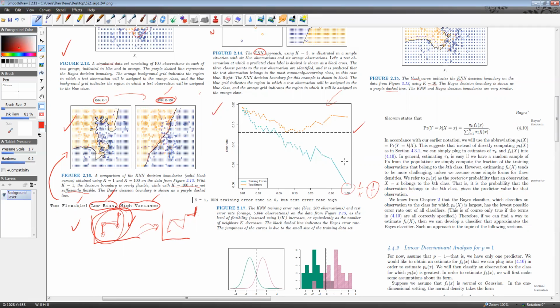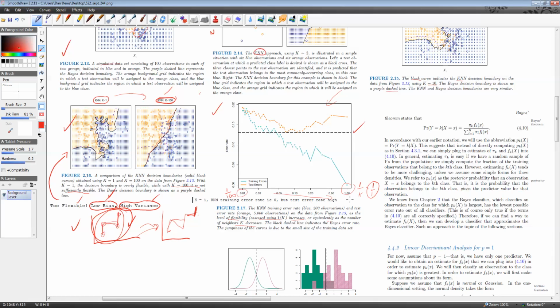That's the Bayes decision criterion. And let's look as the level of flexibility, assessed using 1 over k, increases, or equivalently as the number of neighbors decreases. So what happens as the number of neighbors decreases? We go from 1 over 100 over here to 1 over 1 over here.